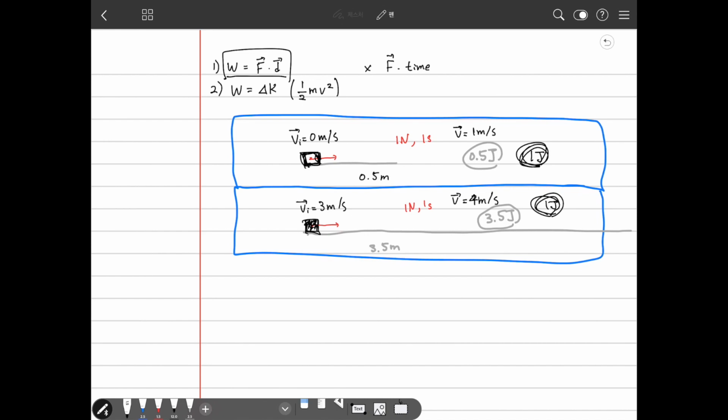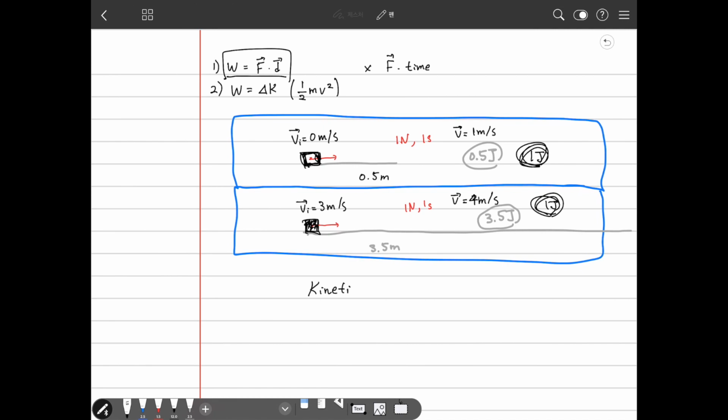And you might be like, wow, that's unfair, because it just moved a greater distance. That doesn't mean anything. It just moved the greater distance because it was already fast. And well, that's true, but that's not true because kinetic energy doesn't work that way.